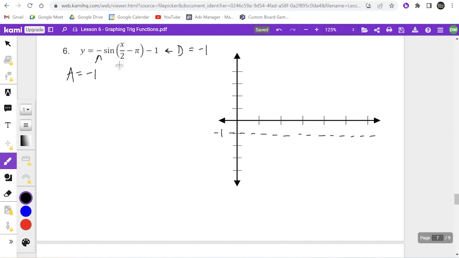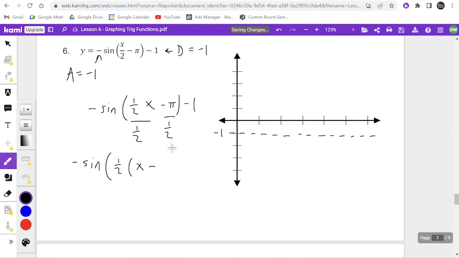So a lot of people don't like x over 2. I don't either. Let's rewrite this as negative sine of 1/2 x minus pi minus 1. Because that's all x over 2 is. It's 1/2 x. Now I know what to divide when I factor out. I'm factoring out a 1/2, which means I need to divide by 1/2. And that's going to give me negative sine of 1/2 parentheses x minus, what's pi divided by 1/2?